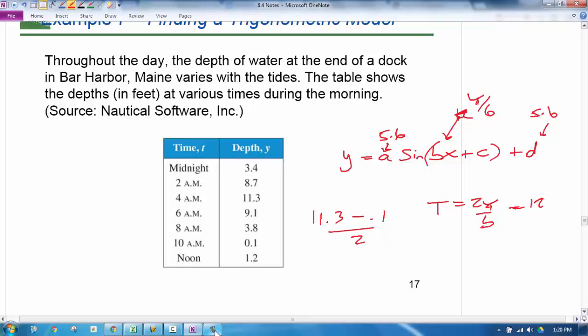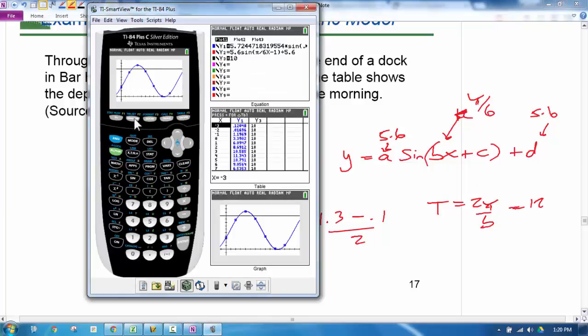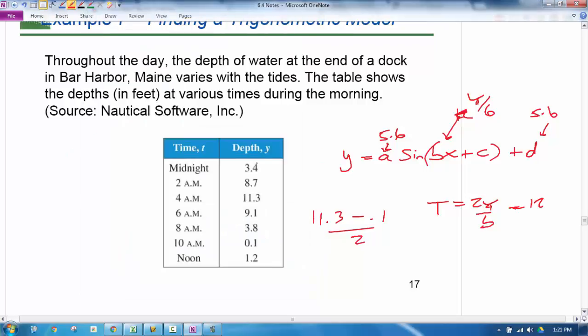And then you can figure out the phase shift by grabbing 2 points from the graph. I actually typed this in already, so I'll just turn this on for you. And you'll see that it's pretty close. I think I phase shifted a little bit to the right, and my period's off a little bit, but you can adjust those things. In fact, one way is to look at the y-intercept here. So at 0, you're at 3.4.